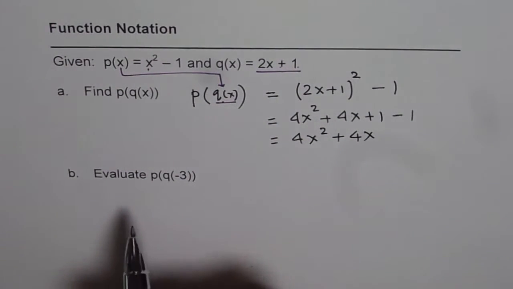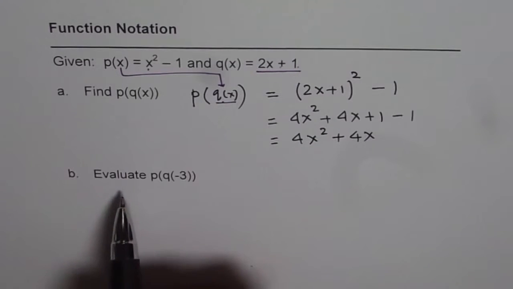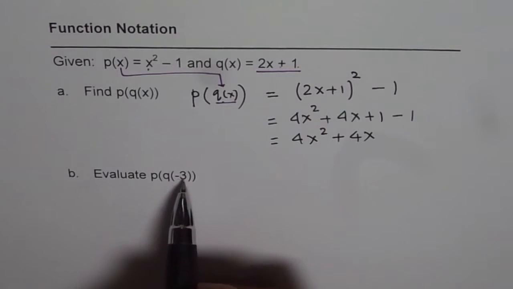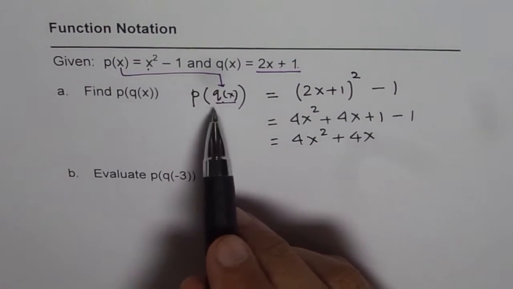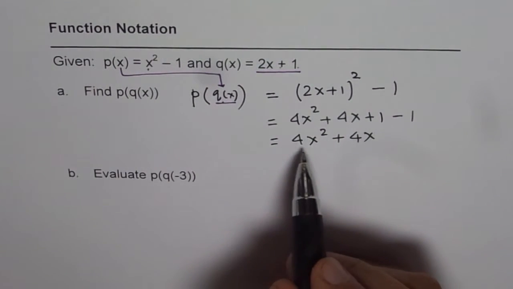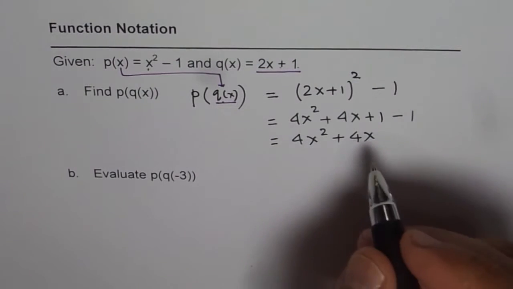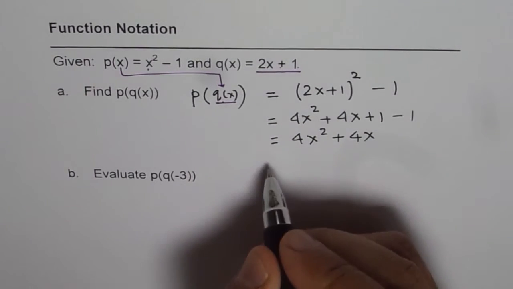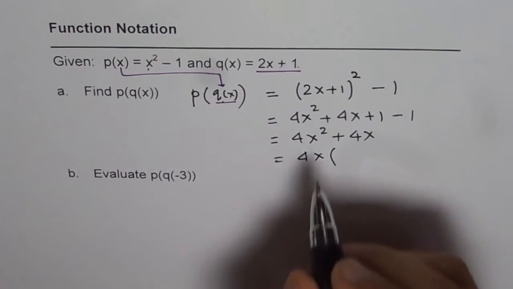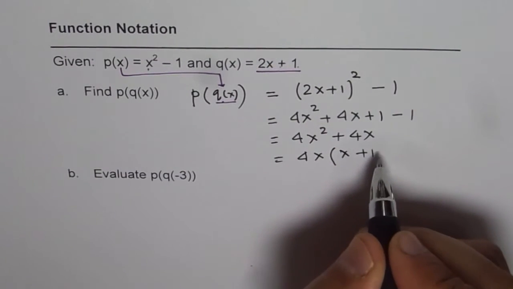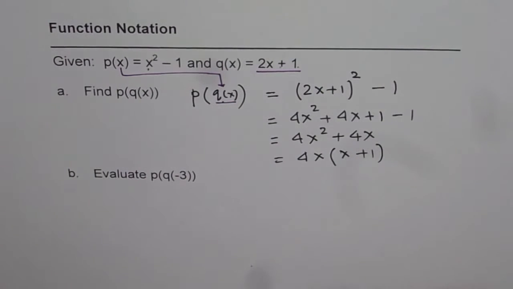Now the second part of this is evaluate p of q of minus 3. So we have already found an expression for p of q of x. We could factor 4x and write this in a different way also, which is maybe simpler. Take 4x common and we can write this as 4x times (x plus 1), but either one of them is good enough.